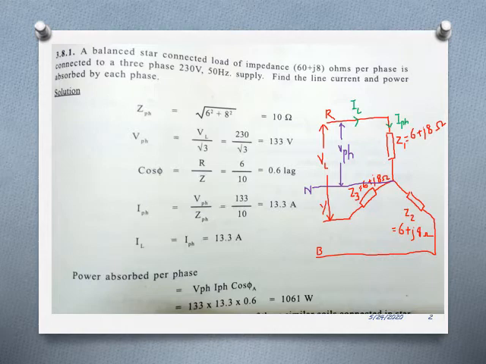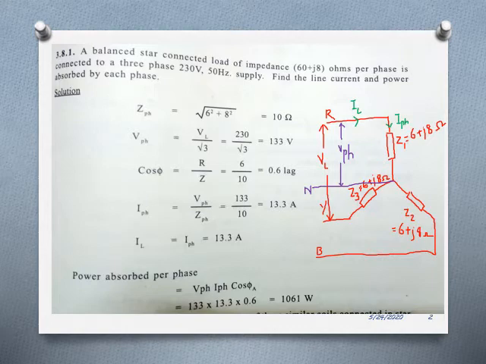Next you have to find cos phi. Cos phi, or the power factor, is always R by Z. R is 6 and Z we have calculated as 10. So you get 0.6. The power factor is lagging. Why? Because it is inductive reactance. And how can we understand it is inductive reactance?